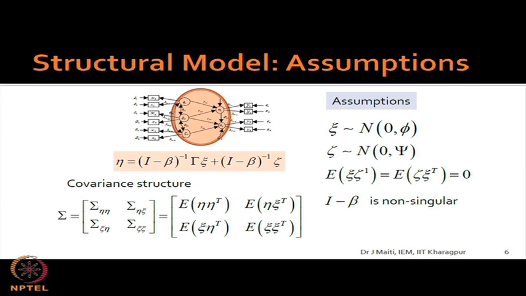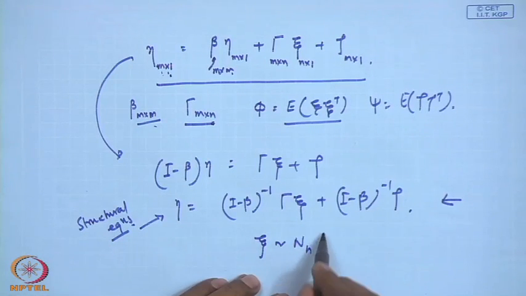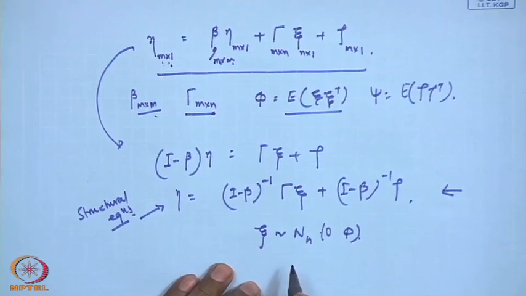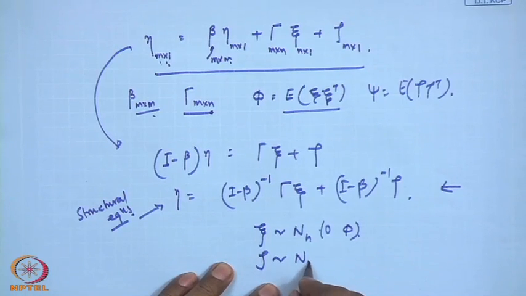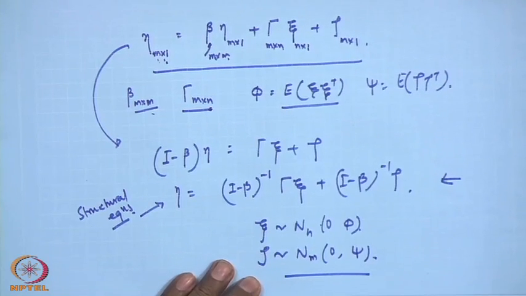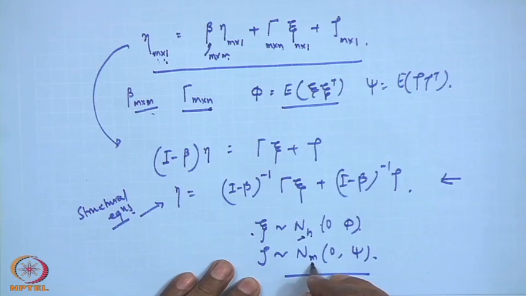So, if we write like this, the xi is multivariate normal with 0 and phi. Similarly, zeta is multivariate normal, with m dimensions, 0 and psi. This is related to the number of xi, this is the number of eta. Okay.